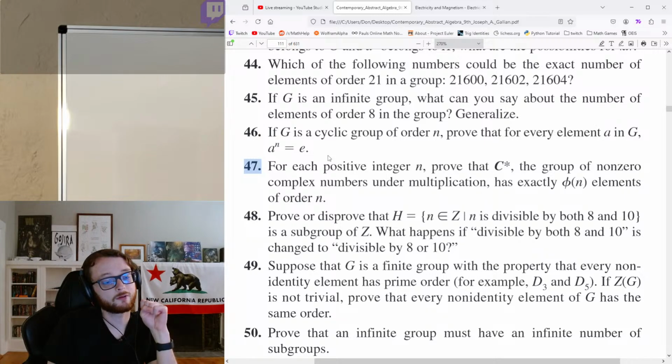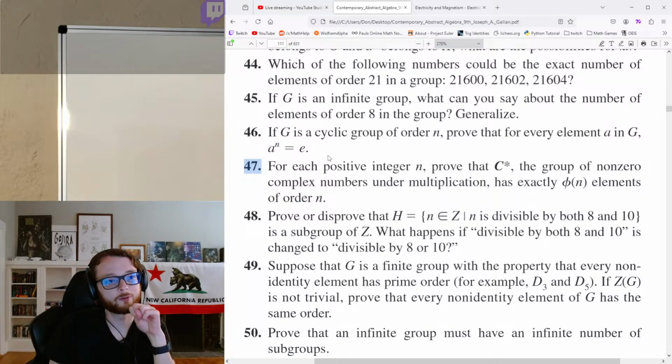But for the sake of phi of n, and in this algebra context, we're throwing out ones that we've seen before. So 1 is always a solution to x to the n equals 1, but we don't care about it for n greater than 1.